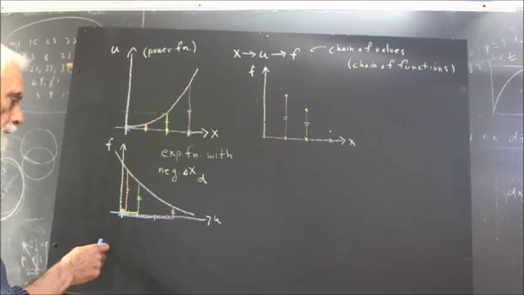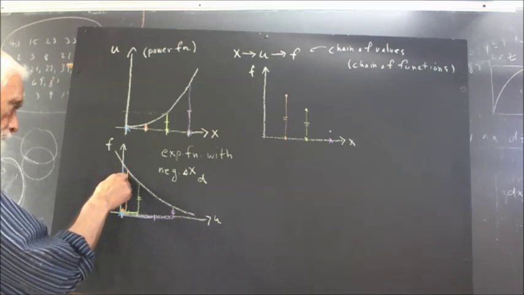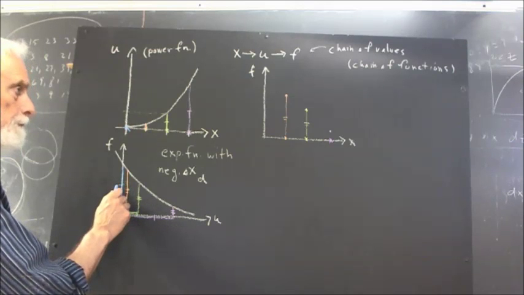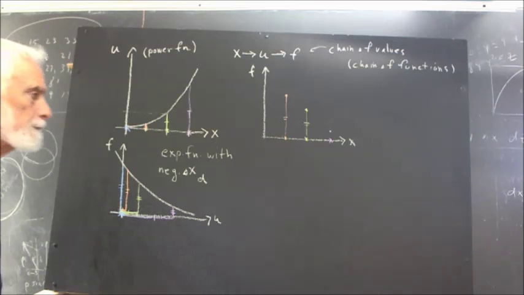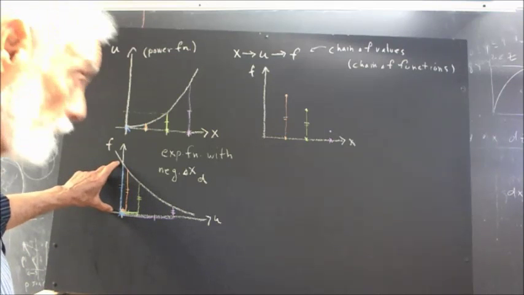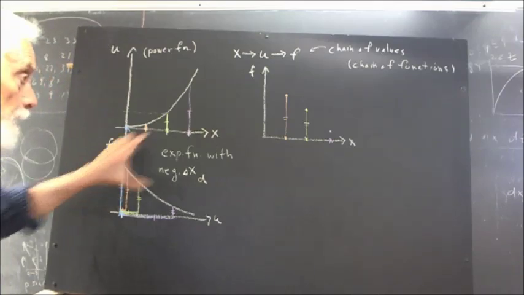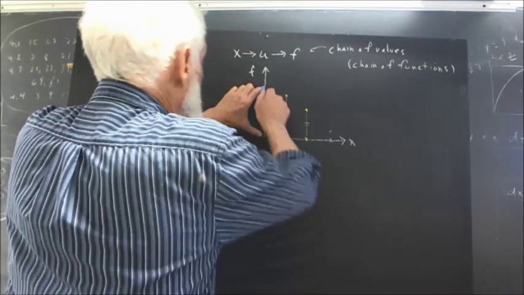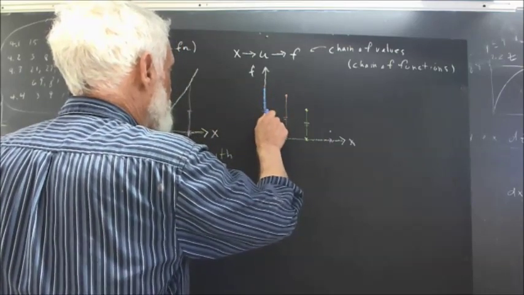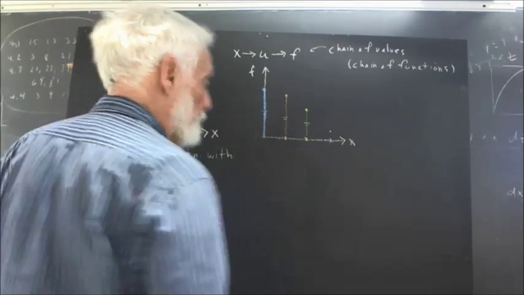That's going to give me a point here, and it's now going to give me a value of f that corresponds to the length of this segment, so I put that up here. Right, draw that segment, put that point here.